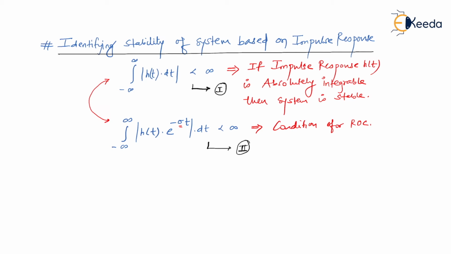What I'm going to do over here is, suppose in this second integral you substitute sigma equal to 0. Then what is going to happen? It will become e to the power 0, which is 1, and therefore the second integral changes to the integral over minus infinity to infinity of mod of h of t dt less than infinity.